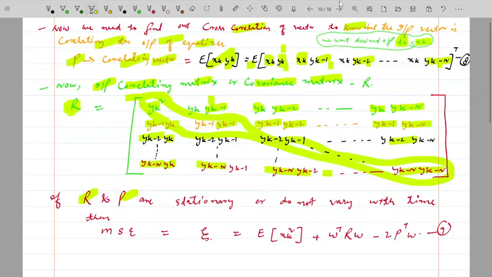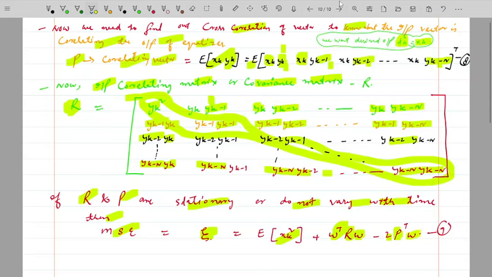If R and P are stationary, meaning the delay times are fixed and not varying with time, then the mean square error zeta is equal to the expected value of x k square, where x k is the transmitted signal, the desired output signal, plus w transpose R w, that is the covariance matrix with the weights, minus 2 times p transpose w, where P is the cross correlation vector and W is the weights.